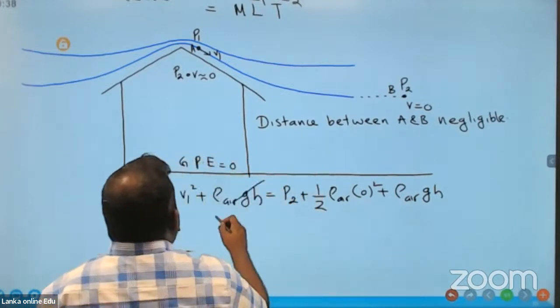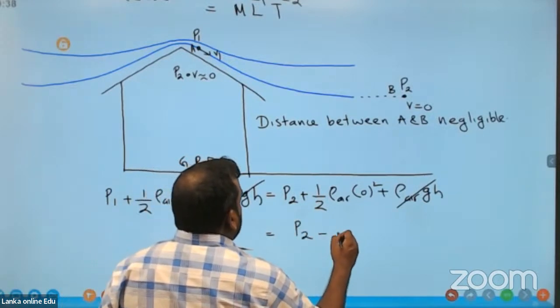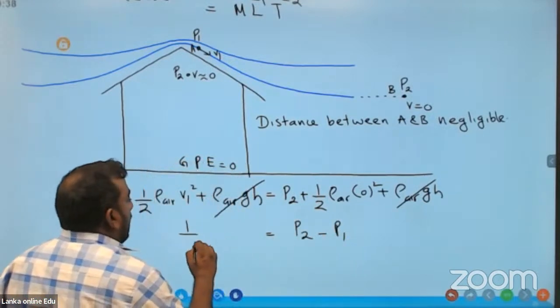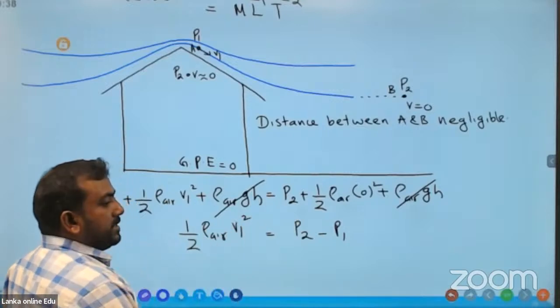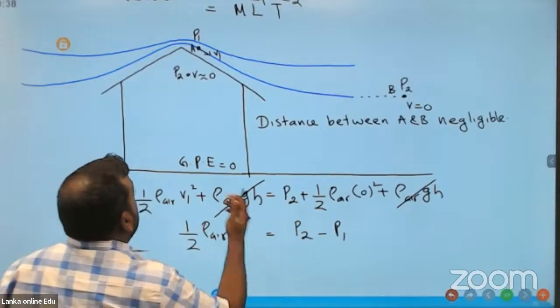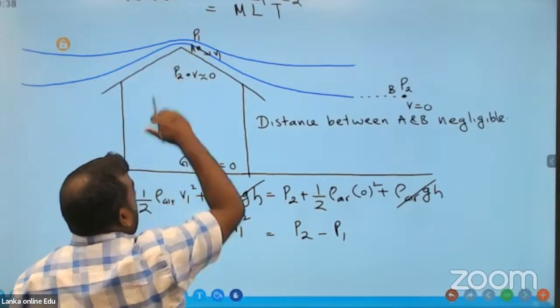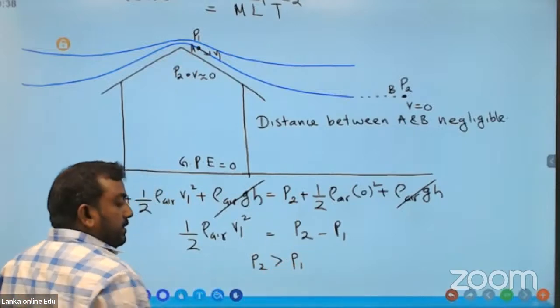So you can see rho GH cancel off. P2 minus P1 is half density of air V1 squared. So we can show here that P2 pressure is larger than P1 pressure.